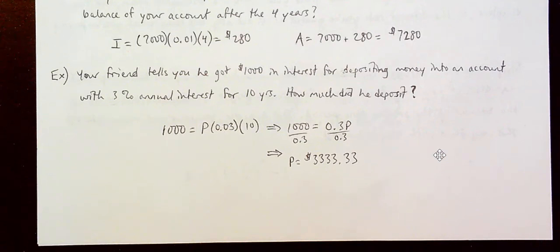As a quick side note, if you find a bank that will give you an annual interest rate of 3% on your savings, definitely take it, because for most places nowadays, annual interest rates are incredibly low. They're significantly less than 1%.